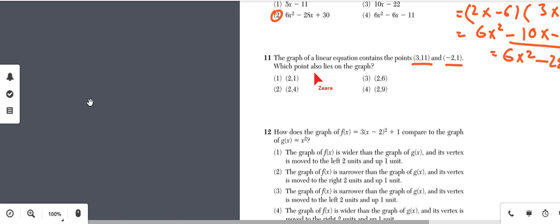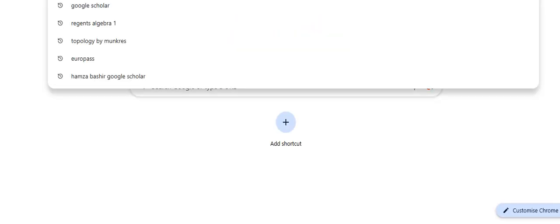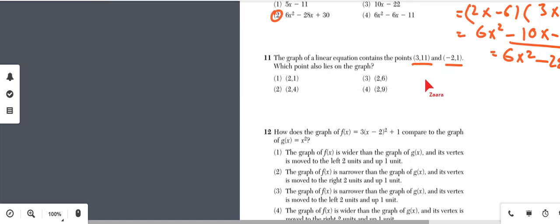Either I graph them on the calculator with these 2 points, get a straight line, and from the graph find which point is on the same line. The other option is that I first find the equation. I will use the graph for this one. The points are 3, 11 and negative 2, 1, right?